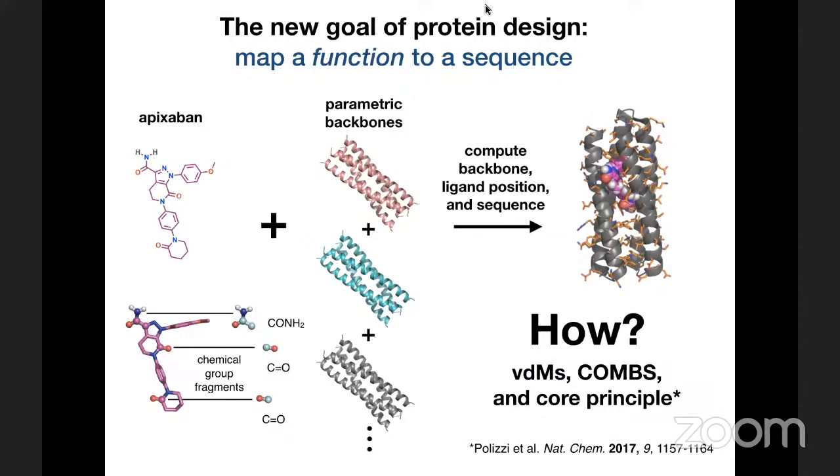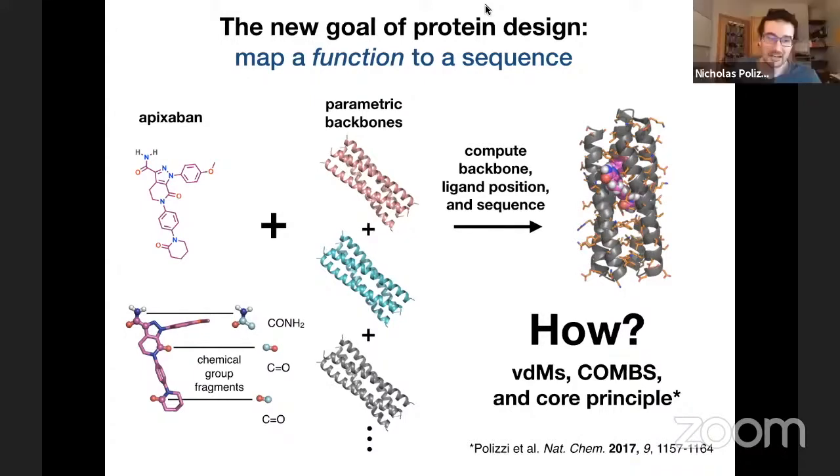Okay, thanks. Great talk, Nick. Can you apply your approach to flexible ligands? Yeah, that's really one of the things I'm working on right now, a different kind of sampling algorithm for allowing flexibility. Right now, what I'm doing is targeting a particular conformation of a ligand in the design process.